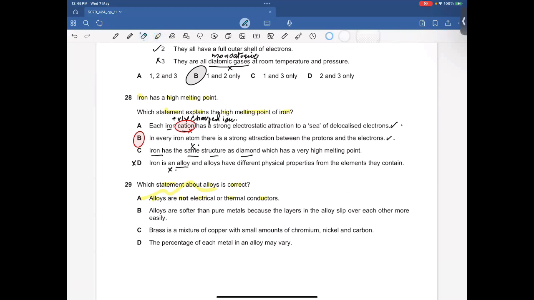I'm a little bit confused between these statements. Okay, which statement about alloys is correct? Alloys are not electrical or thermal conductors. Alloys can conduct electricity and they are also good thermal conductors. Alloys are softer than pure metals. Alloys are harder than pure metals.